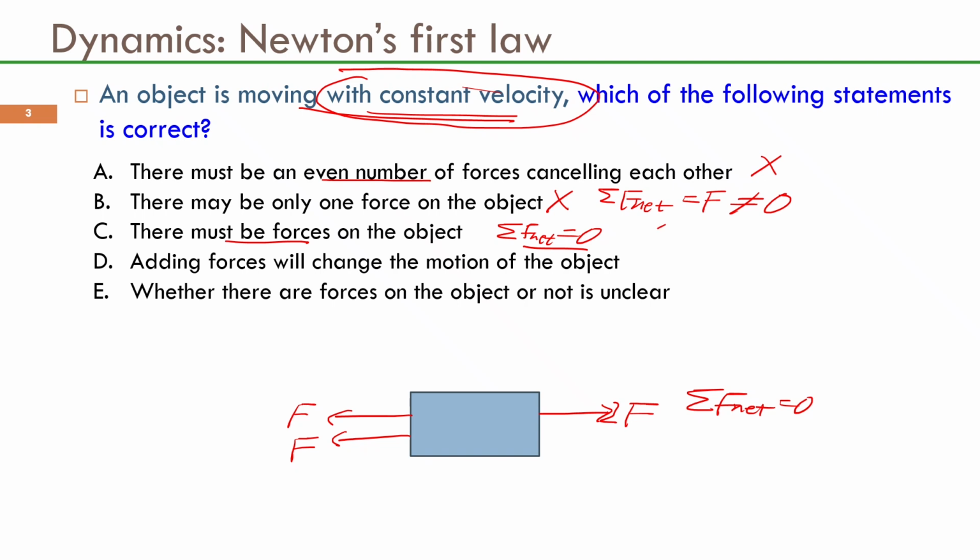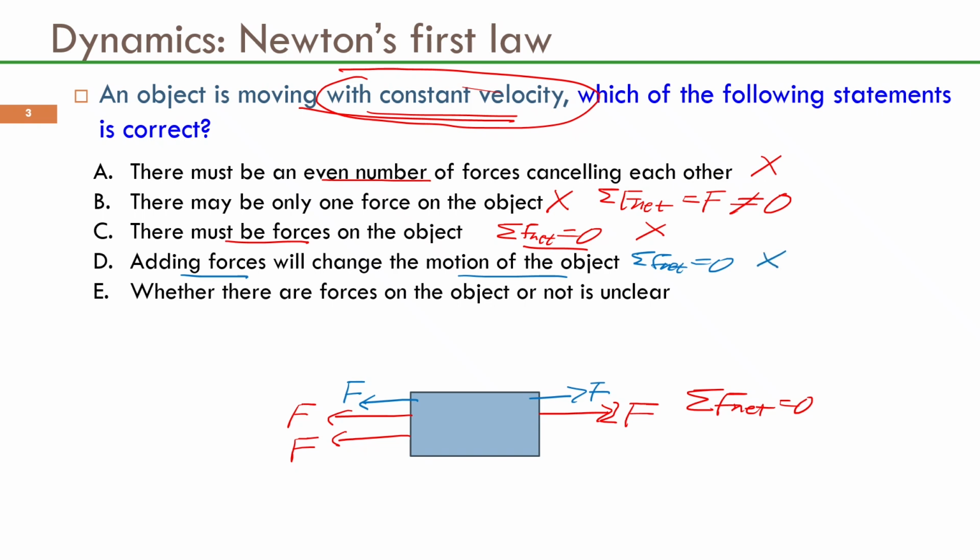So this choice is wrong. Now let's look at the fourth option. It says adding forces will change the motion of the object. If I add a force F to the right, add another force F to the left, they will cancel each other. So the net external force is still 0, so my object can still move with constant velocity. So this is also wrong.